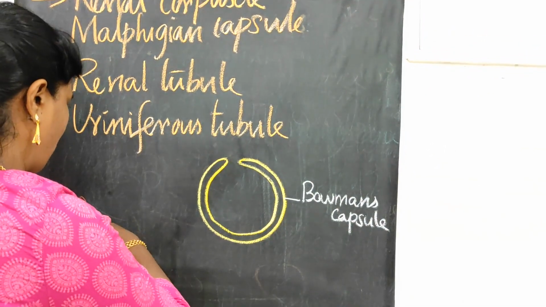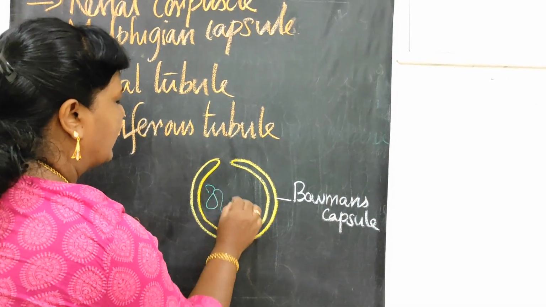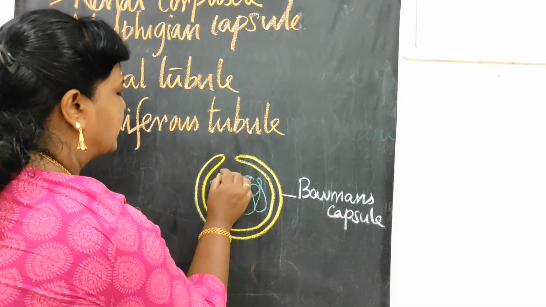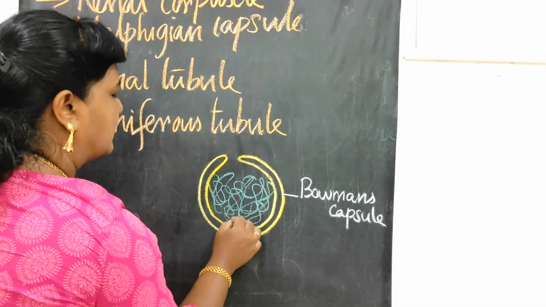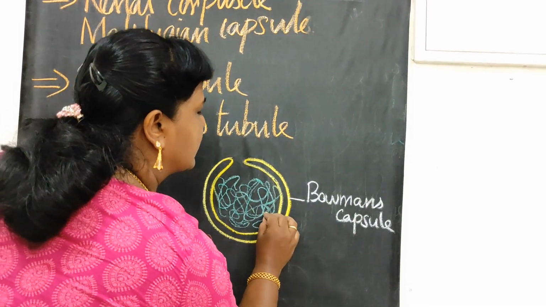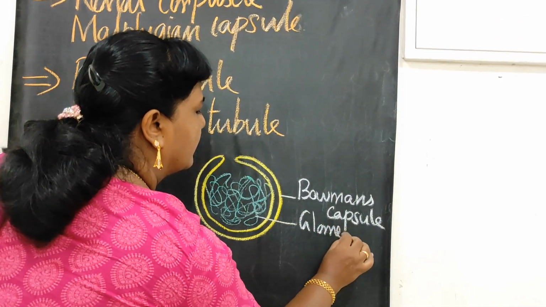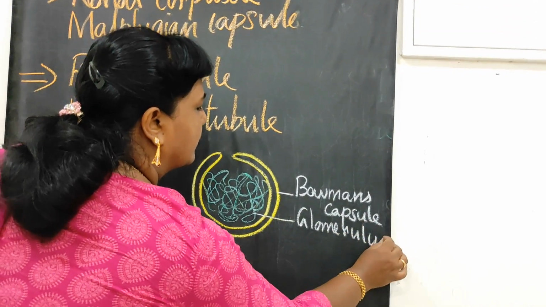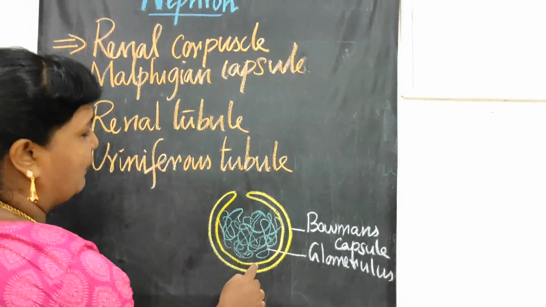And inside the Bowman's capsule, there is a network of capillaries, that is called glomerulus. So see, this is a Malpighian capsule.